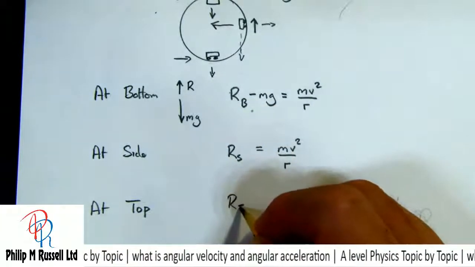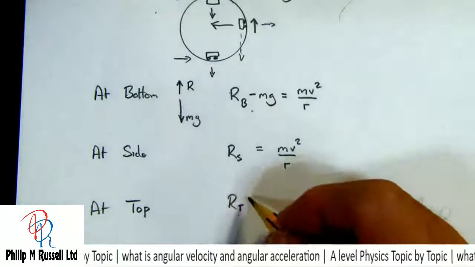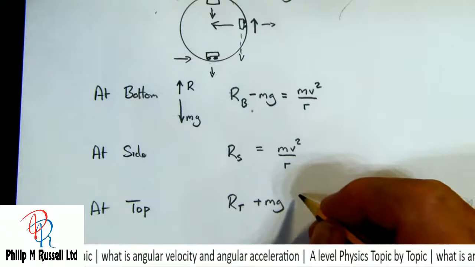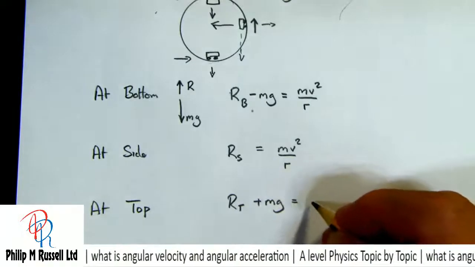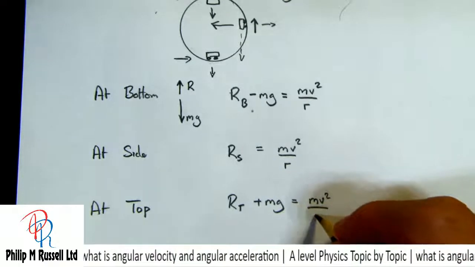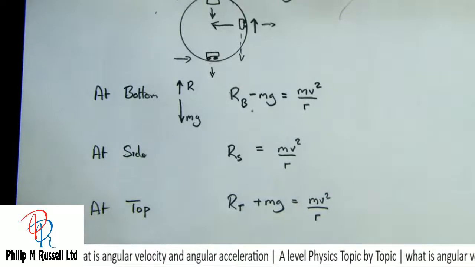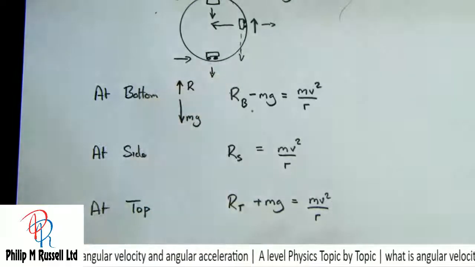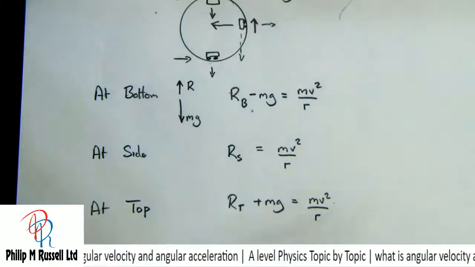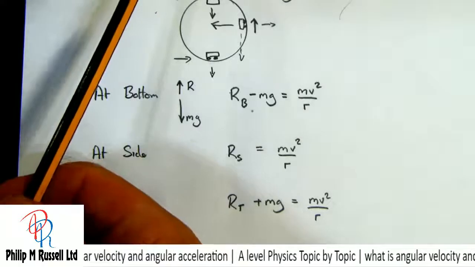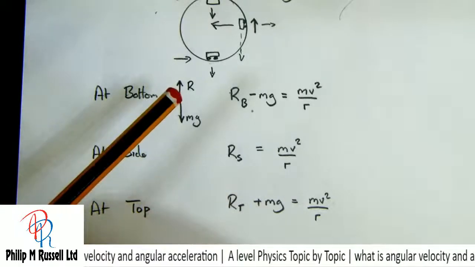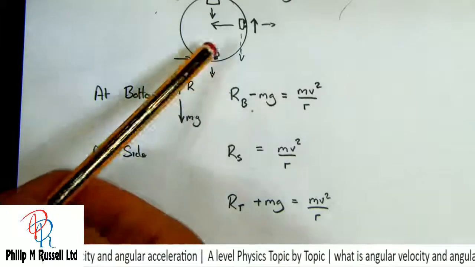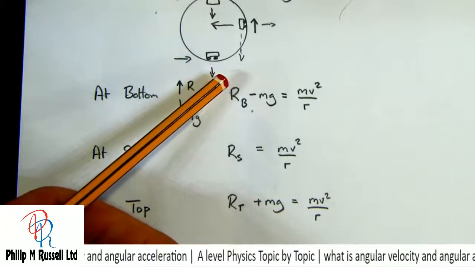So R at the top here, we're going to add mg, giving us the mv squared over r. So you can see the contact force at the bottom is much larger than at the top. At the bottom of the loop, if you're in the car, you would feel a force pushing you down.